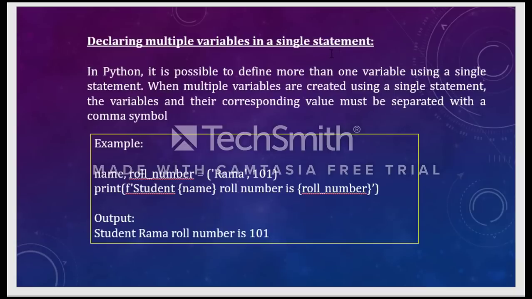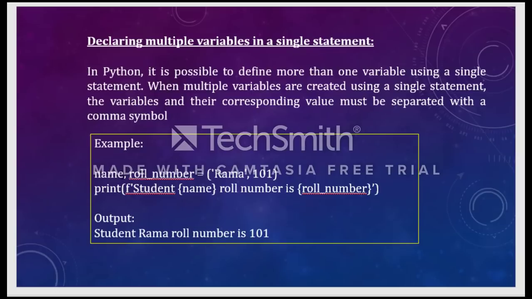Next, declaring multiple variables in a single statement. This is also a very important one. See, this option will not be available in any other programming languages, especially not in C or C++. Suppose I have two values. In a single statement itself, I want to declare and assign the values to these two variables.